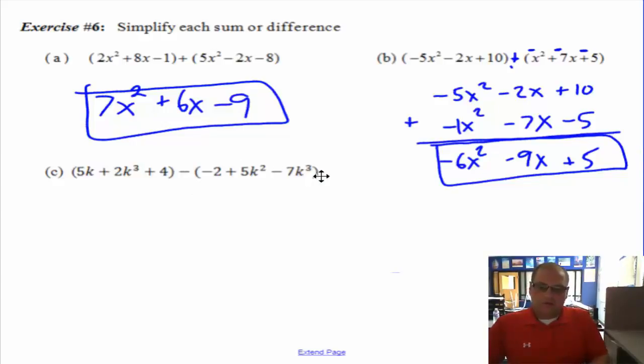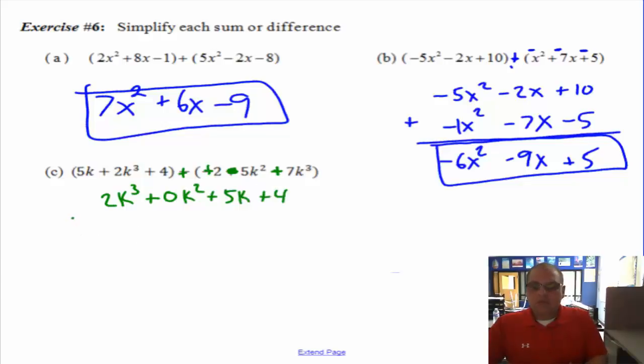This one, another subtraction, so we're going to go plus, minus, plus. Okay, and now here, the lining up's a little trickier. We have cubed, so we got 2k cubed. You want to make sure everything lines up. We don't have any k squared here, so we're going to put plus 0k squared, and then plus 5k, and then plus 4.